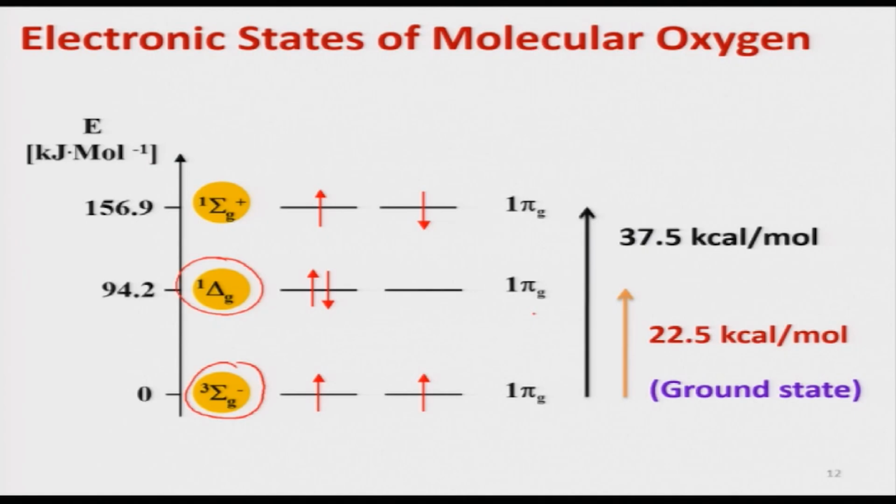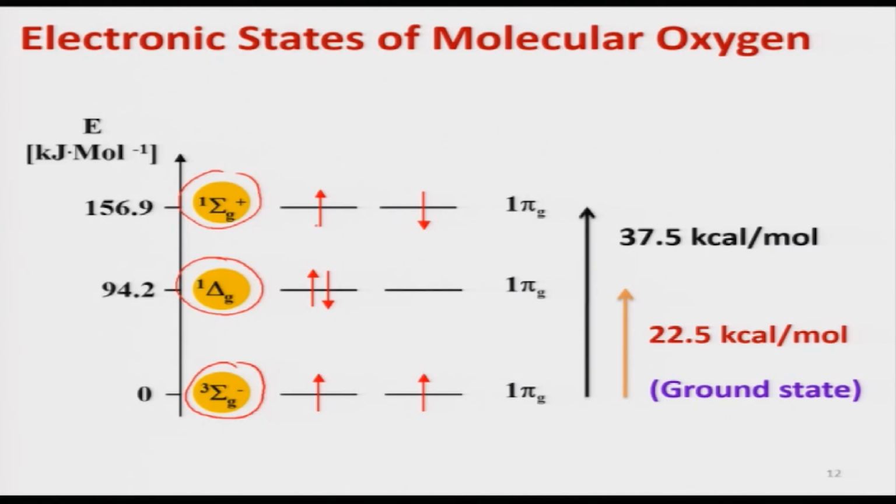The energy required to convert from the triplet to the singlet 1Δg is 22.5 kcal per mole, and if you add 37.5 kcal per mole of energy, it will lead to another singlet state, the next excited state.